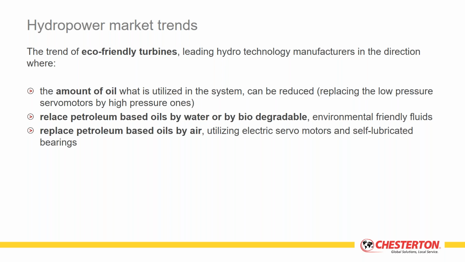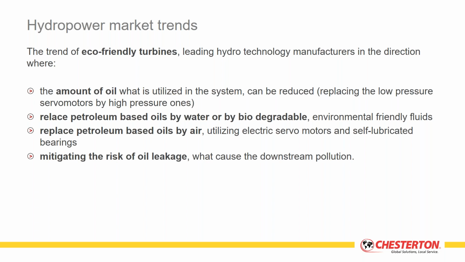Another opportunity is to replace the petroleum-based oils by air, and in the turbine hub they utilize an electric servo motor and self-lubricated bearings instead of a hydraulic system and oil or grease lubricated bearings.